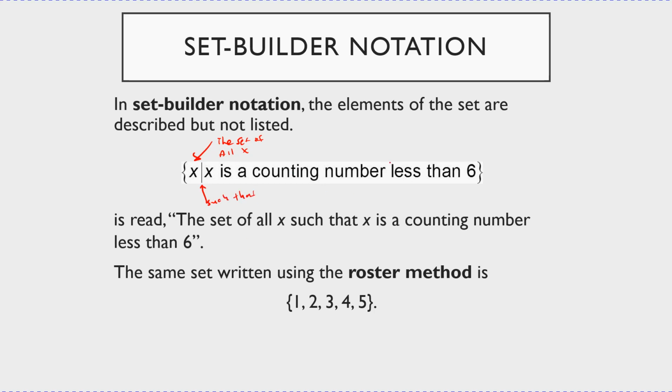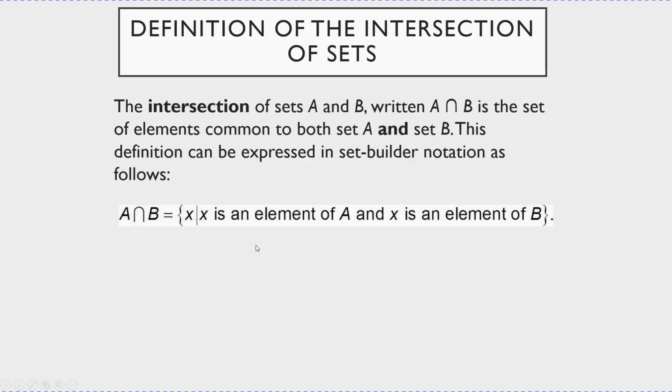And x is a counting number less than 6. So if you were to write this in roster notation, the counting numbers less than 6 are 1, 2, 3, 4, and 5. So there are 2 ways to show it. The roster method is really good if there's a very distinct pattern or a small number of elements. Set builder notation is used generally when there's a larger number of elements.